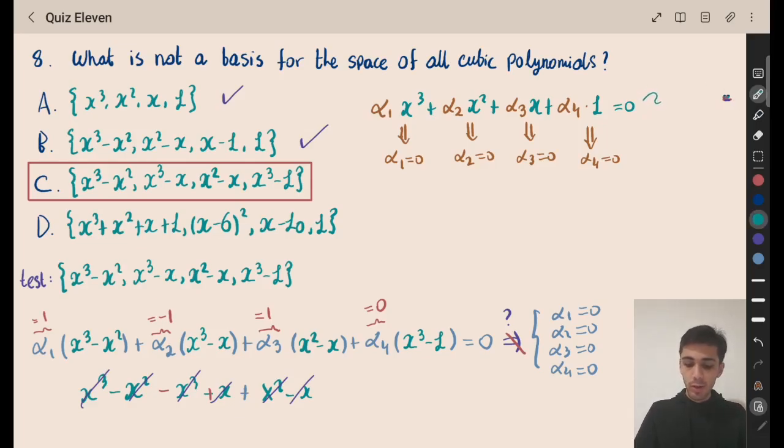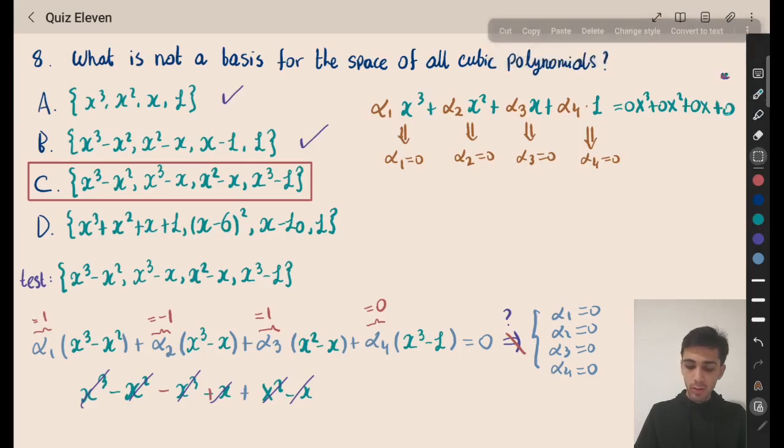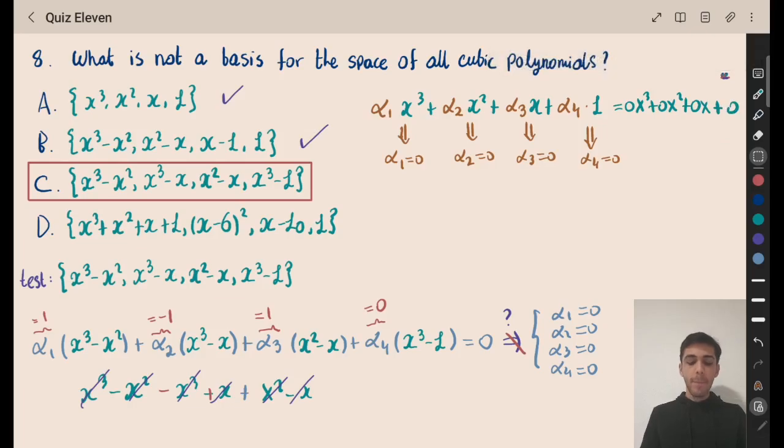I could also write x cubed plus 0x squared plus 0x plus 0. So that's also perhaps some convincing for you.